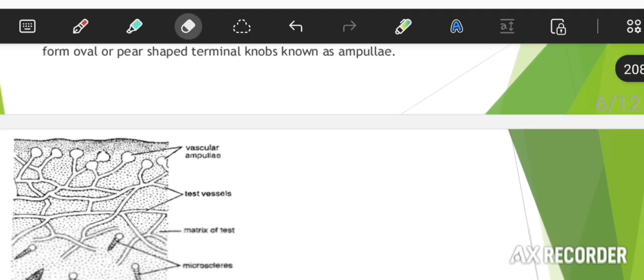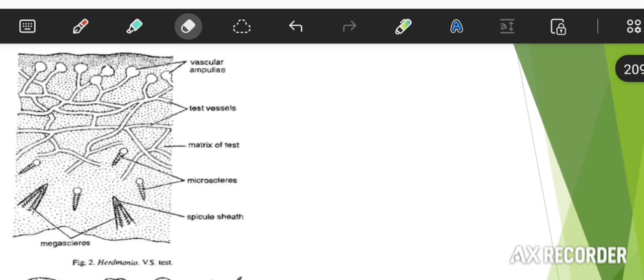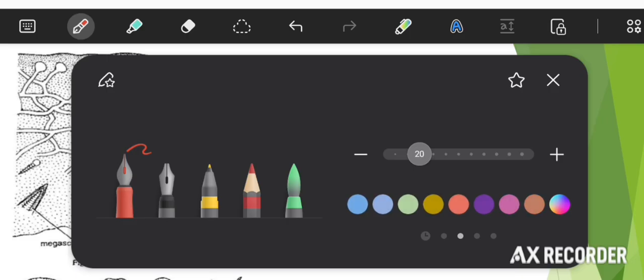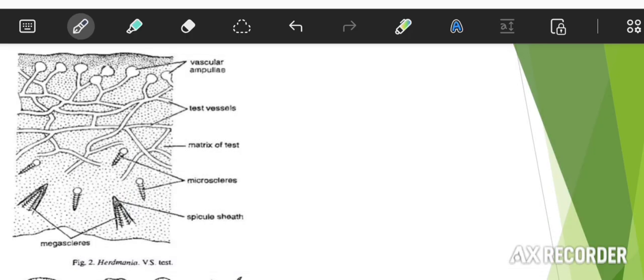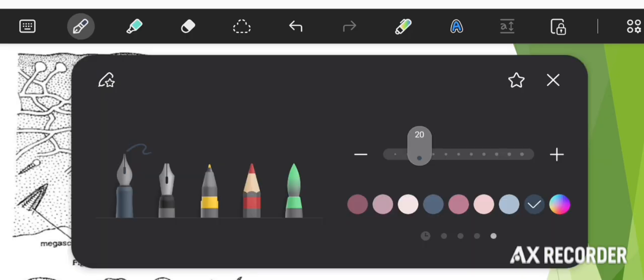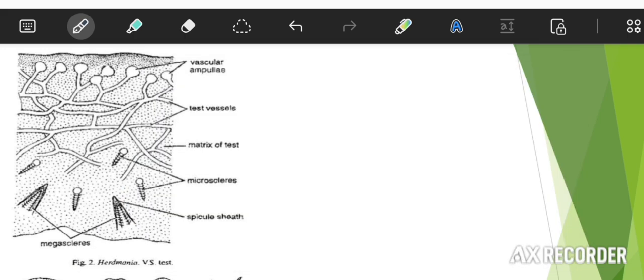So this is the diagram following the explanation. If you see here, these are the vascular ampullae.